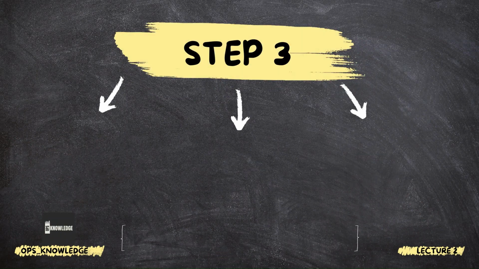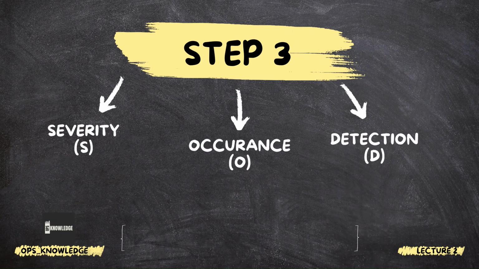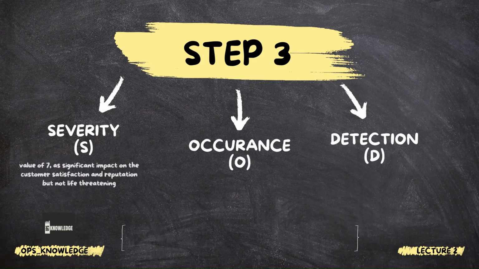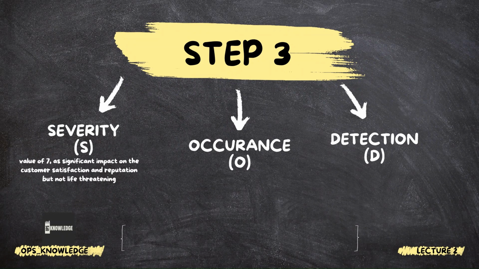For step 3, we have to give values for severity, occurrence, and detection. For severity, we are giving a value of 7 as there is a significant impact on customer satisfaction and reputation, but not life threatening. For occurrence, we have given a value of 5, based on the data that 5% of the tickets escalate due to insufficient expertise.